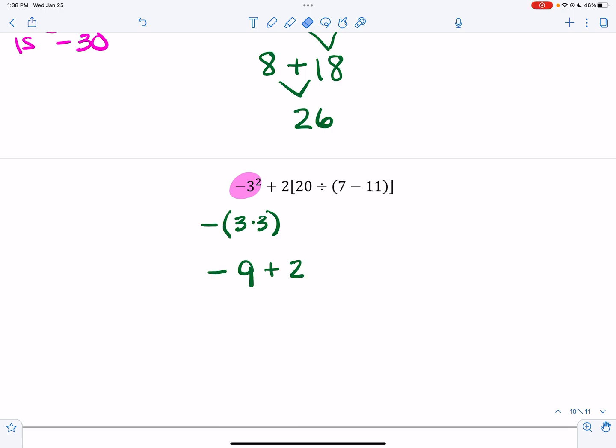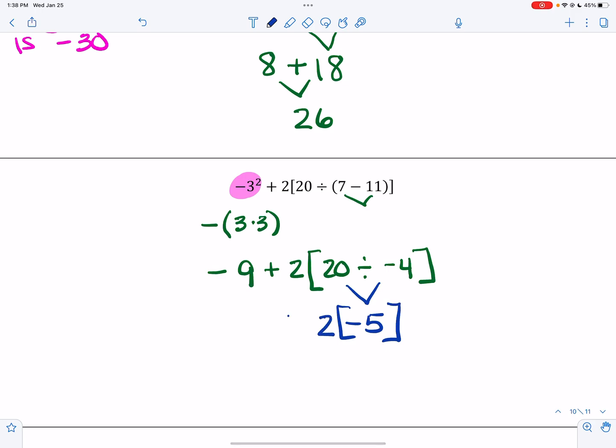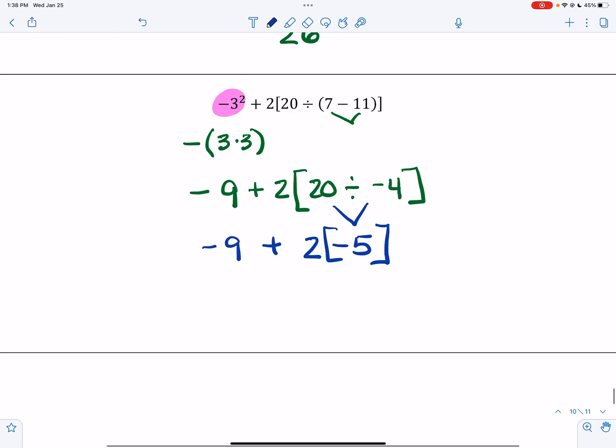Whoops, lost my bracket here. 20 divided by, and I'm going to go ahead and take 7 minus 11, which is negative 4. And so then 20 divided by negative 4 is negative 5, which I will then multiply by 2, which I will then add negative 9 to.